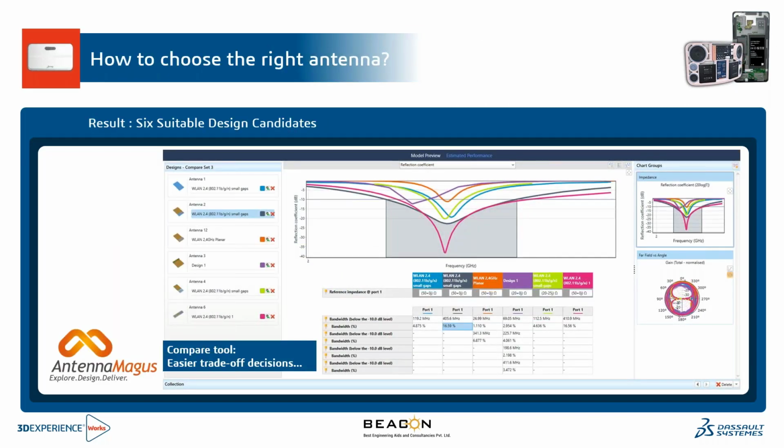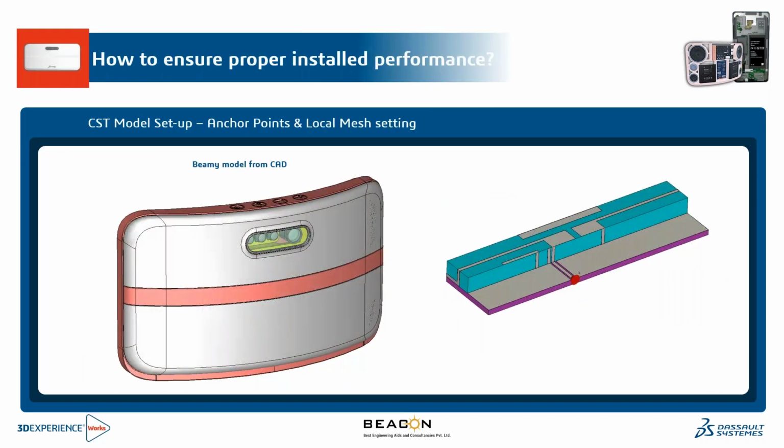So once that's selected, now I have come up with one single antenna which is meeting the requirement what I had listed initially. So now after the antenna is being modeled, the next thing is to import it into the assembly.